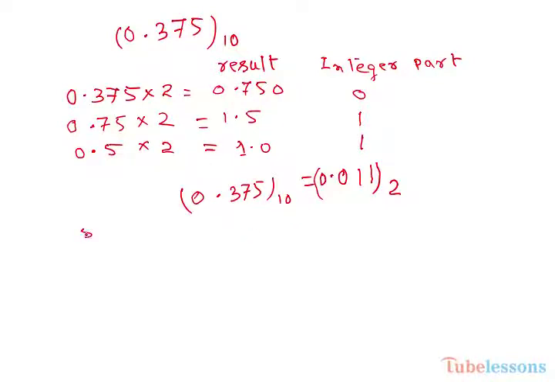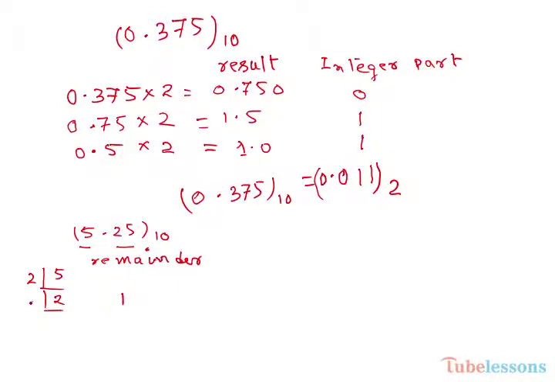Consider the decimal number 5.25. We must perform two separate operations for the integer part and the fractional part. So first convert this integer part, 5. 2 times 2 equals 4, so the remainder is 1.